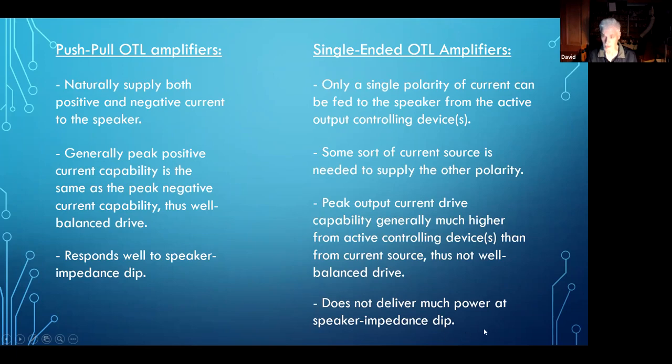It does not deliver much power where you have a speaker impedance dip. That's why single-ended amplifiers really don't do well with speakers that have impedance that goes all over the place. And heaven forbid, a standard OTL amplifier is going to do this horribly.